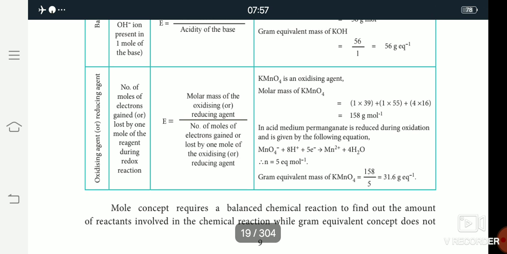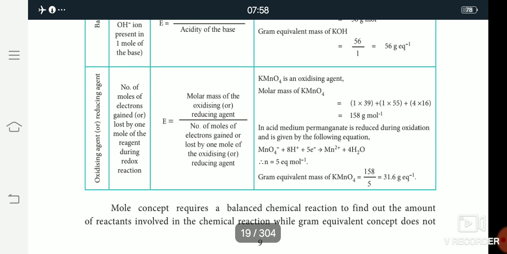Okay children, the removal of 5 electrons. In this reaction, 5 electrons are replaced. So the number of electrons is 5 equivalent per mole. The 5 means the number of replaced electrons.